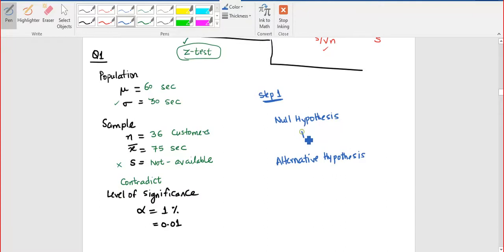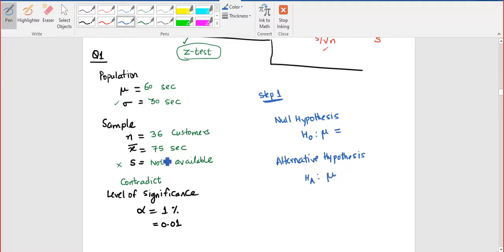So the null hypothesis we denote by H naught, mu equal always, and the alternative hypothesis HA, mu. Now we need to check what will be the sign: less than, equal, not equal, or greater than equal.